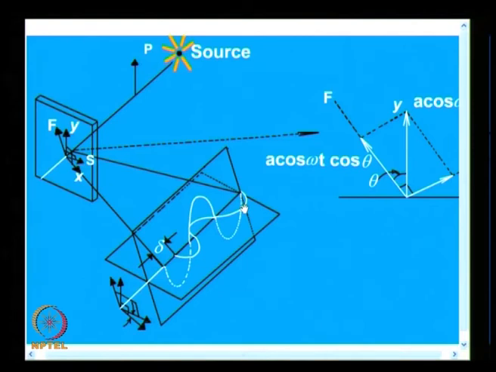You know that when light enters the crystal it splits into two rays, and because it is perpendicular to the optic axis they travel in the same direction, but the plane of vibration is mutually perpendicular. You have one plane like this, another plane like this, and a wave travels like this. What has happened? This wave has traveled past the other wave, that is what is shown in the sketch.